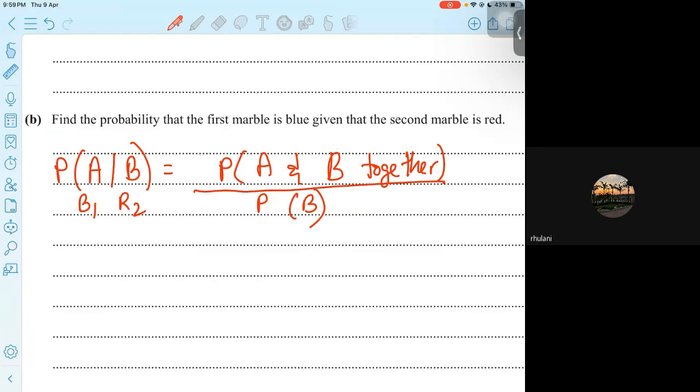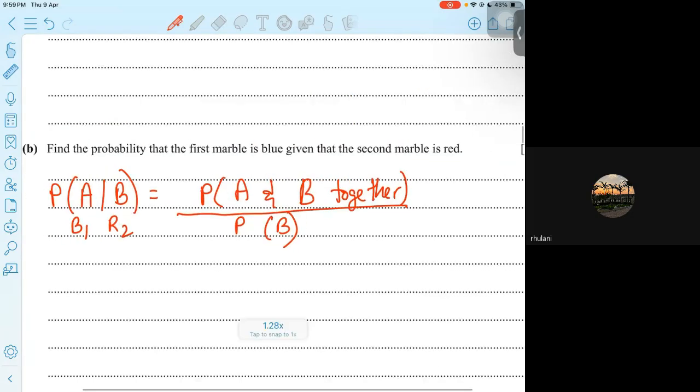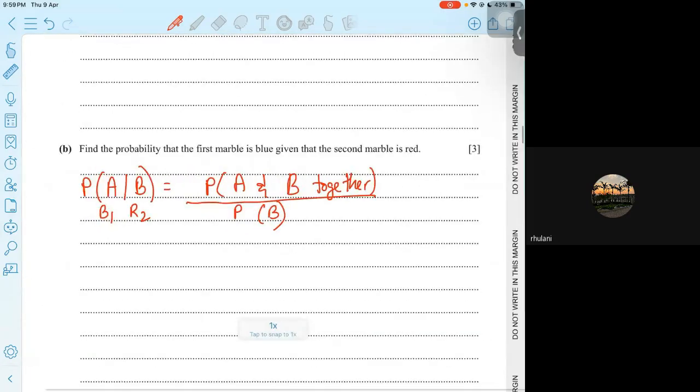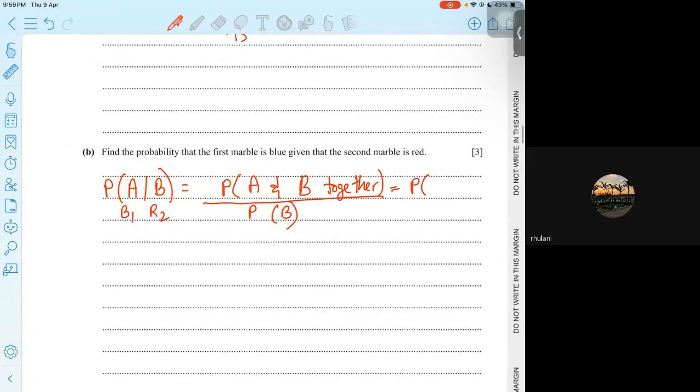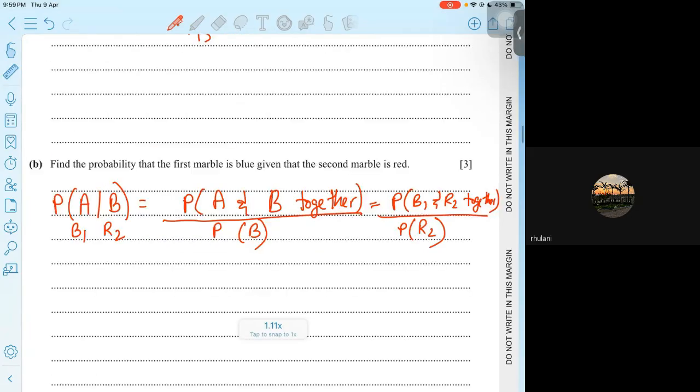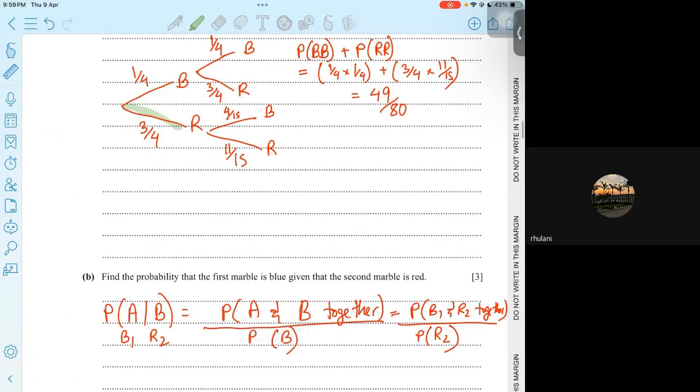So the way we do that is we find the probability of B1 and R2 together, divided by the probability of getting R in my second attempt. All the ways, right? So this could be one way and this could be the second way. That is the two different possibilities for probability of R2. And the probability of B1 and R2 is just this one, right?